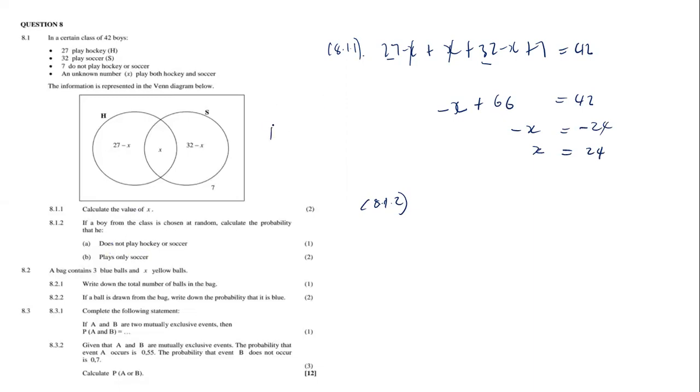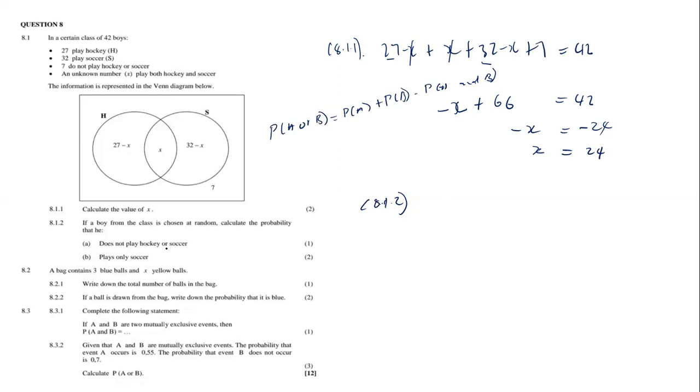Do you remember the formula that says probability of A or B is equal to probability of A plus probability of B subtract probability of A and B? That's what we are going to do. Remember, we want to determine who does not play hockey or soccer.